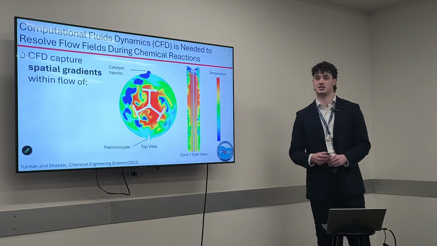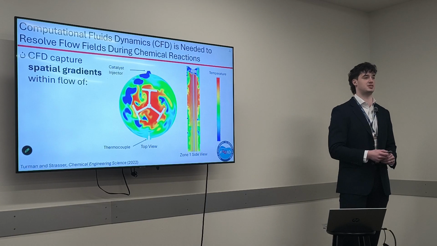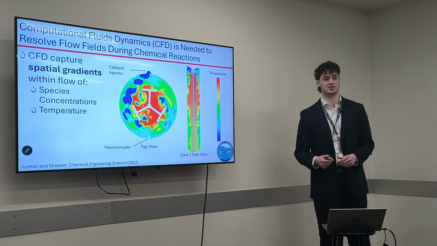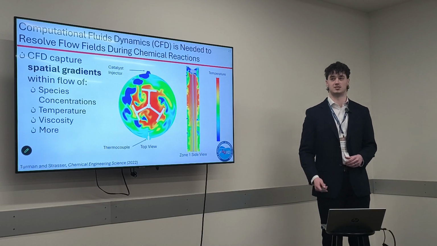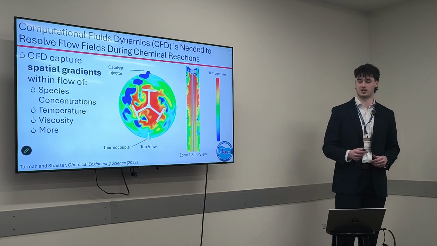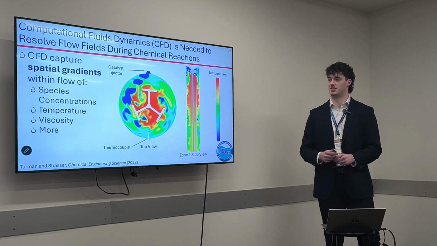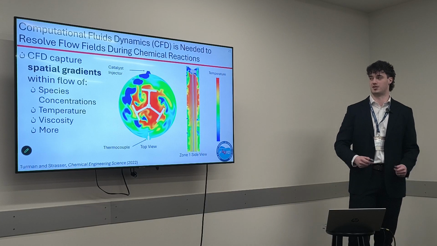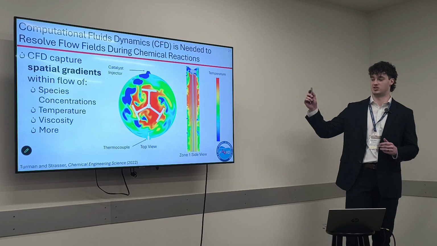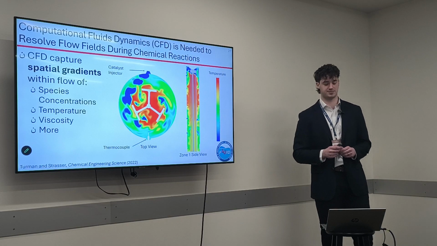So as I mentioned, CFD can be used to capture the spatial gradients of things like species concentration, temperature, viscosity, and more. You can see a contour of the temperature in a vertical slice of one of our reactors, in one of our zones of an autoclave reactor.